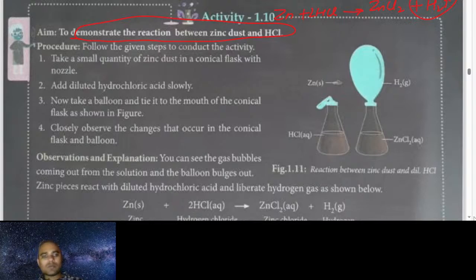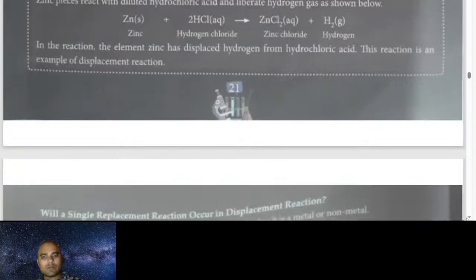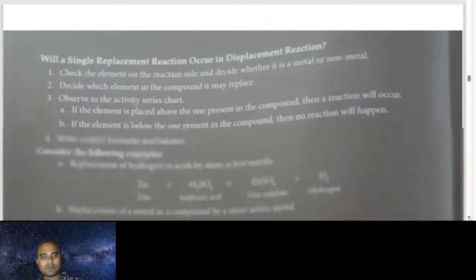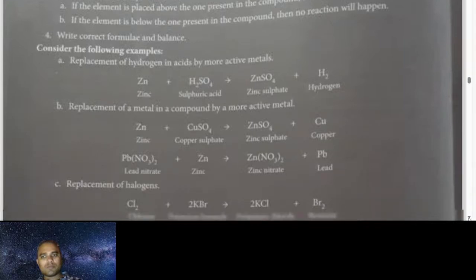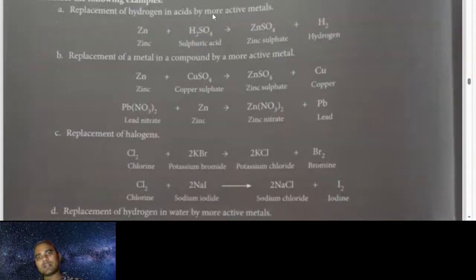Now let us move on to the next one, student. There are many activities for the displacement reaction. Consider the example: zinc treated with H2SO4 is going to give ZnSO4, and hydrogen gas is liberated.